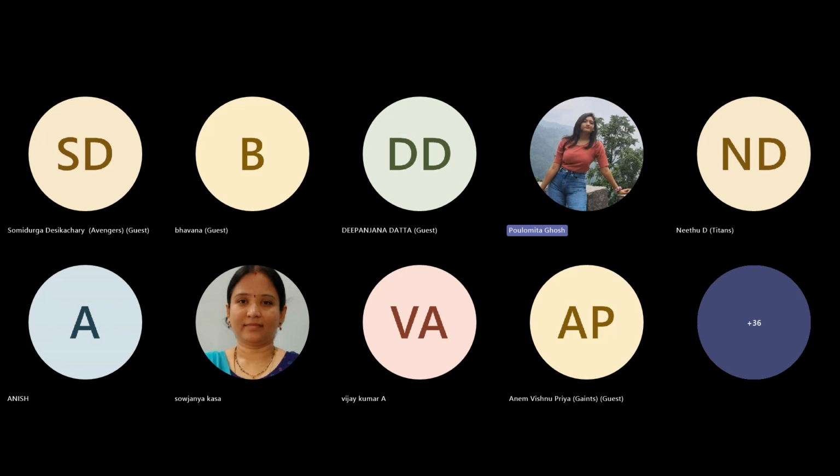Like I was mentioning, if you go to the same documentation, you will see there are two methods. One is add last, one is add first. If you add an element at first, it will automatically move the other elements to the next index. I think you have done the implementation, right? Can you share your screen once again?